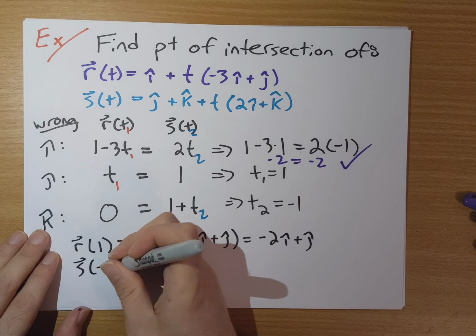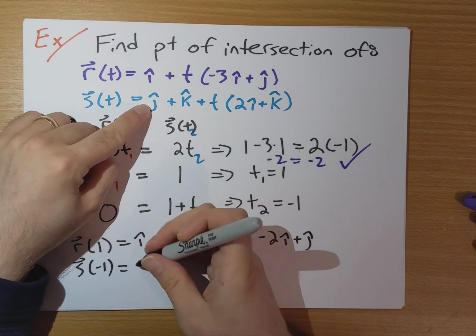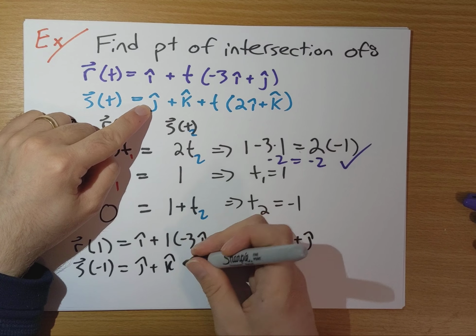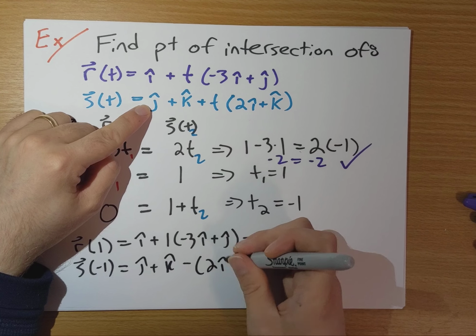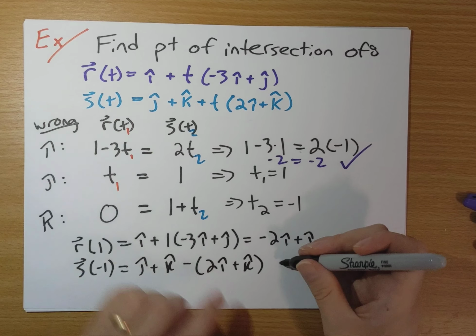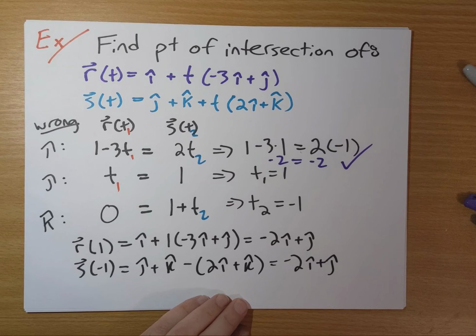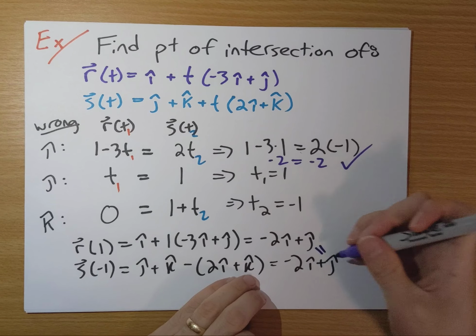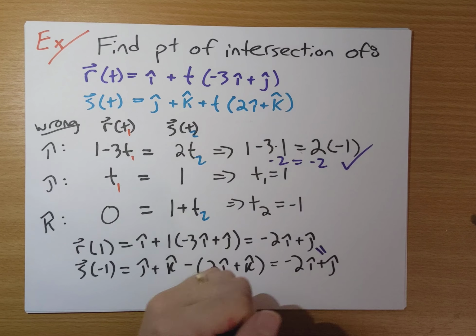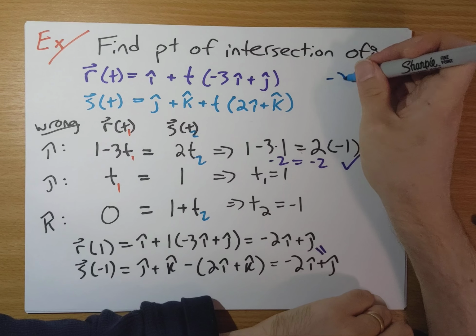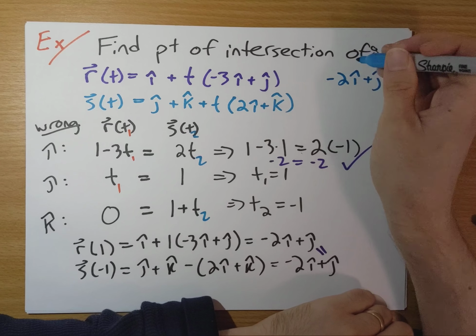And s of negative 1 is going to be j hat plus k hat minus 2 I hat plus k hat. And again, this crunches out to negative 2 I hat plus j hat. So these are equal. So what is our point of intersection? Negative 2 I hat plus j hat.